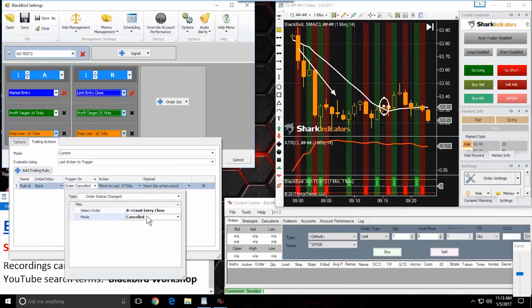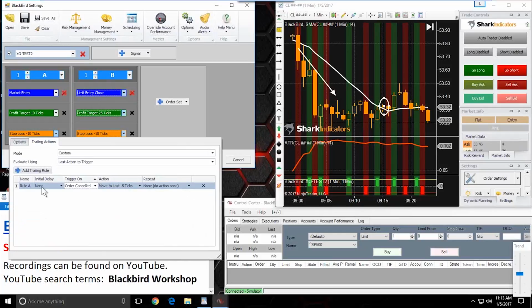So if that limit entry gets canceled, that could be your triggering event to do something. Maybe you tighten your stop loss because the limit order never got picked up for some reason. Or maybe, something a little more practical, you move your profit target further away.